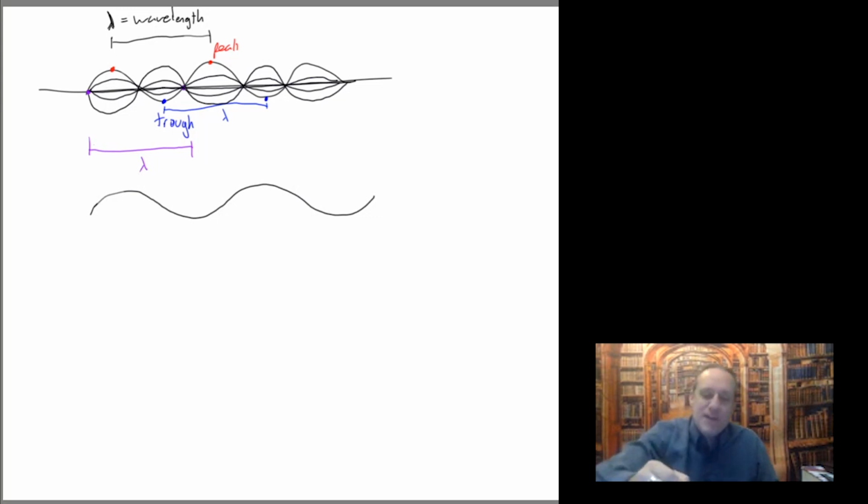These fat areas are known as antinodes, and the areas that don't move, that look like fixed points, are known as nodes.